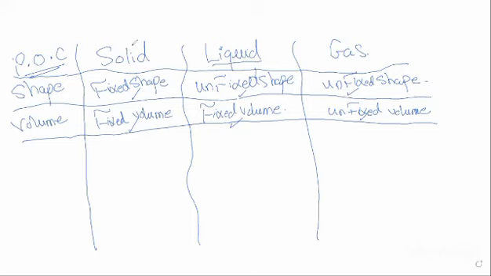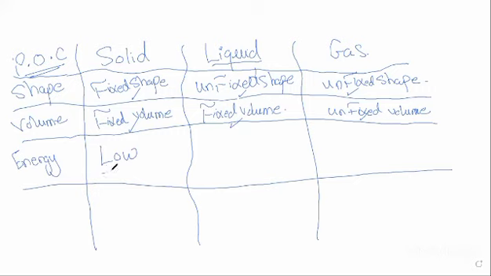Okay, let's talk about an important point of comparison, which is energy. Yes, we said at the beginning of the lesson that every matter is consisting of tiny particles. Solid is consisting of tiny particles, liquids are consisting of tiny particles, also gases are consisting of tiny particles. But let's know that solids are having low amount of energy.